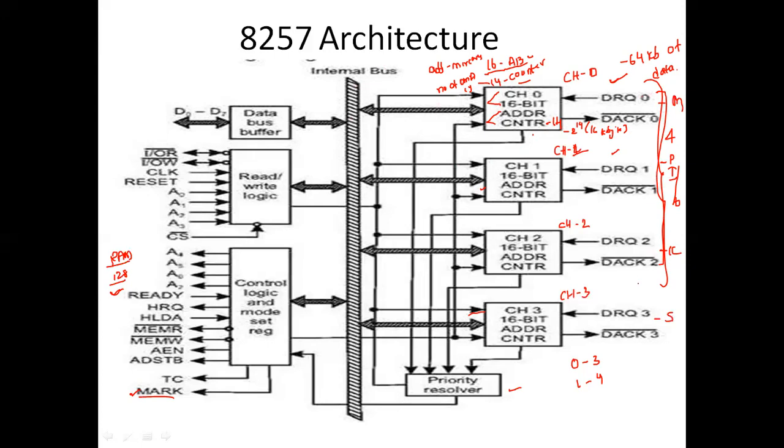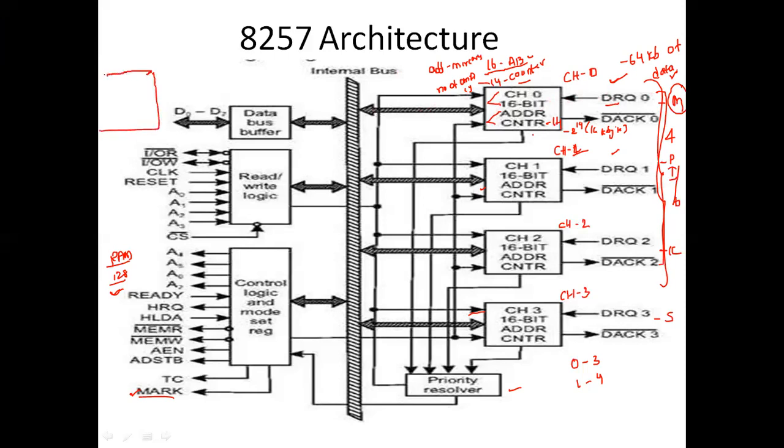So 4 outputs are connected to 4 peripheral devices. Suppose the mouse wants to transfer data to the memory, it is going to send a DMA request to the DMA controller.